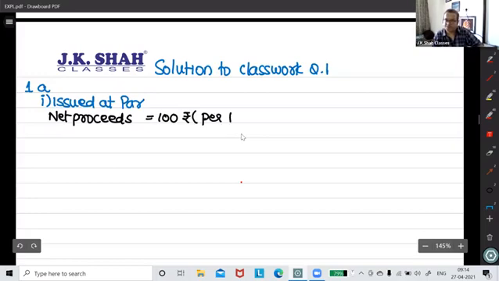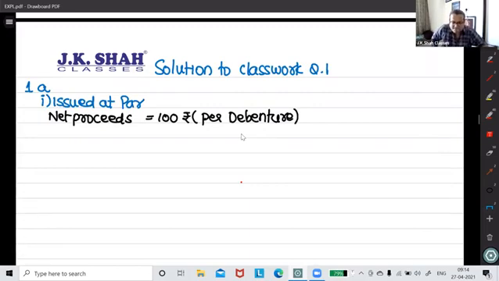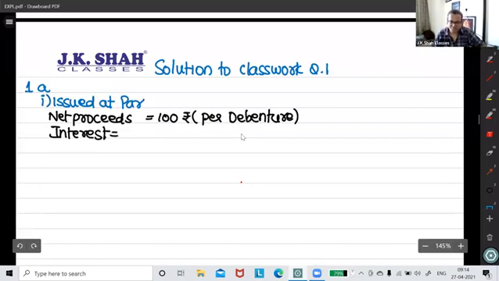I'm doing per debenture, guys. Interest should be 16% per annum. Tax is equal to 35%.